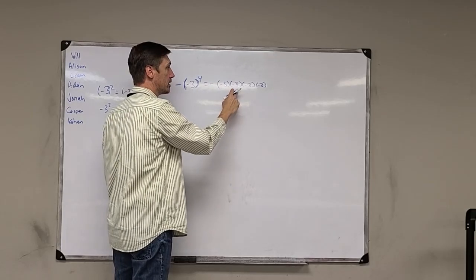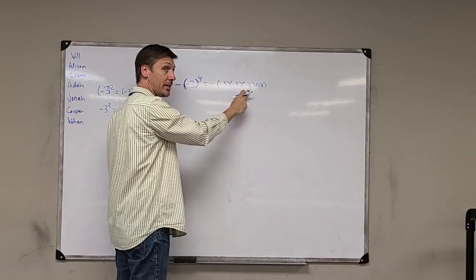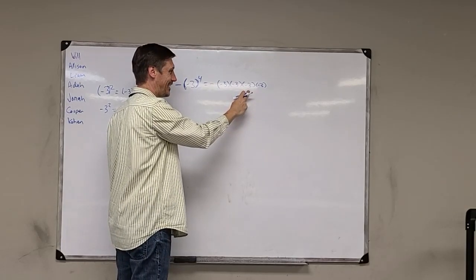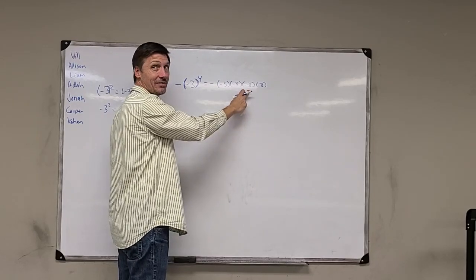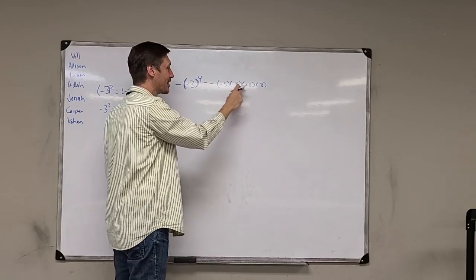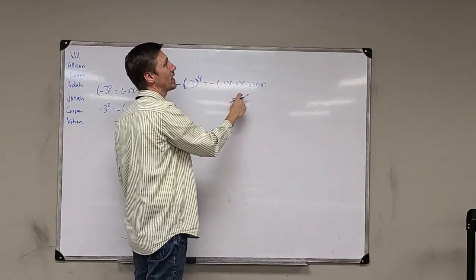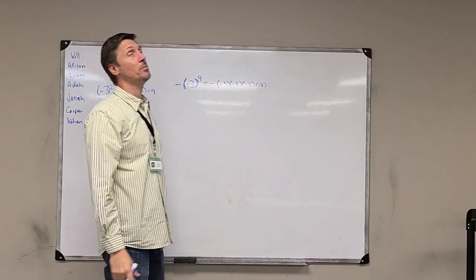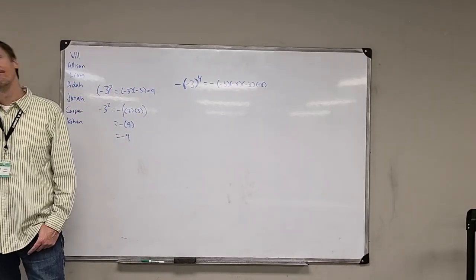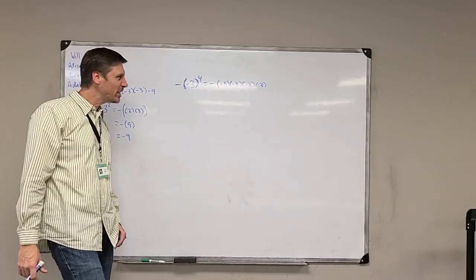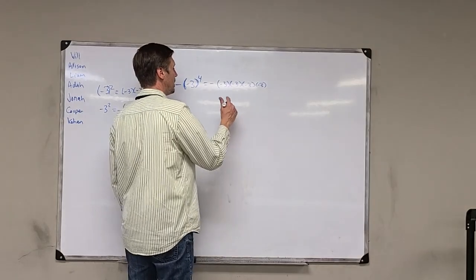Positive 9. And positive 9 times negative 3 is, what's 9 times 3? 27. So positive 9 times negative 3 would be negative 27. And then negative 27 times negative 3 would be a positive 81, I think. Positive 81.